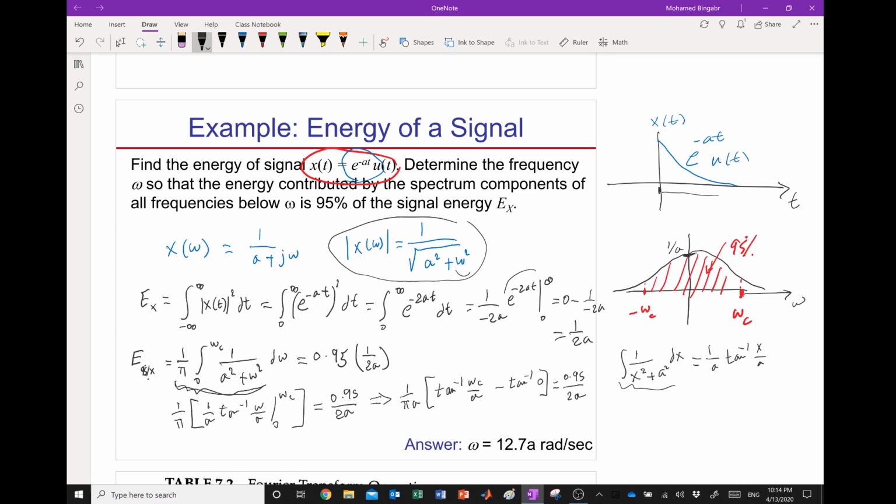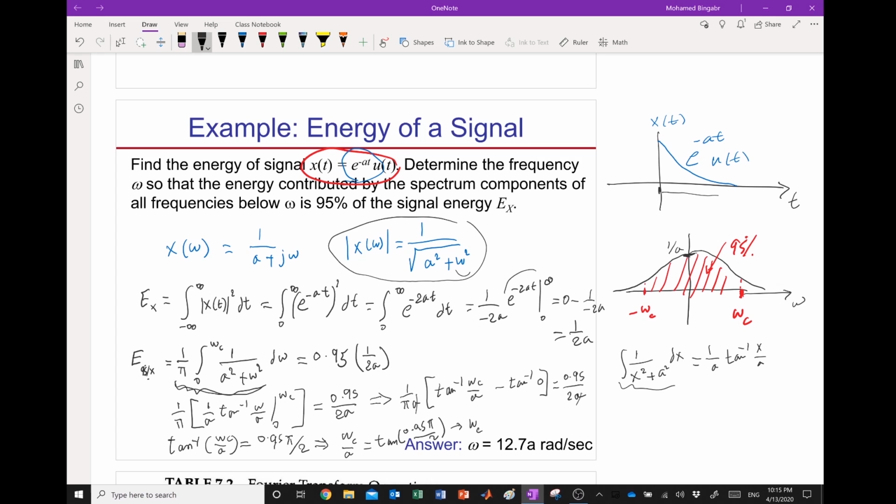One further step: tan inverse of omega c over a equals 0.95 times pi over 2. The a here will cancel the a here. If you take the tan of both sides, then you will get omega c over a equal to tan of 0.95 pi over 2.